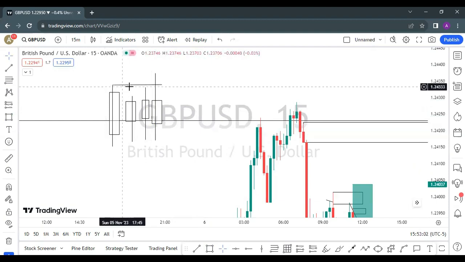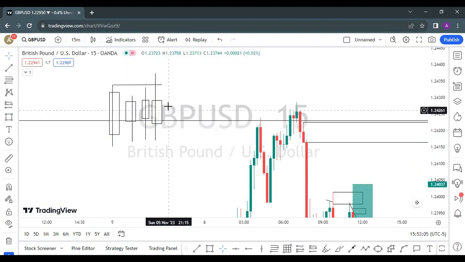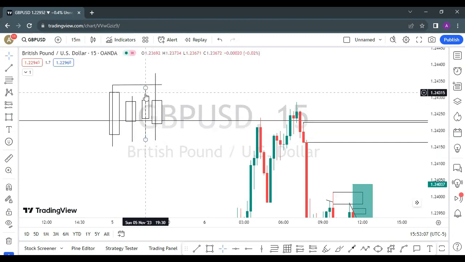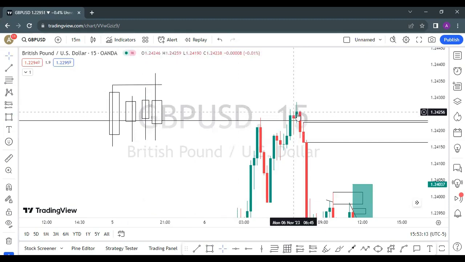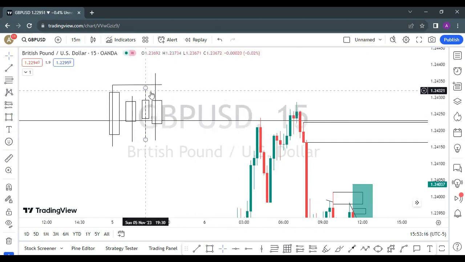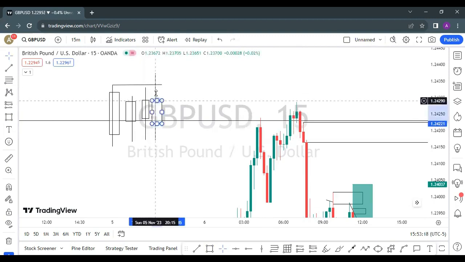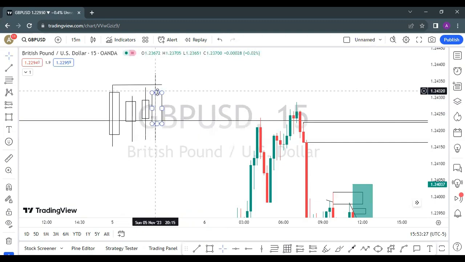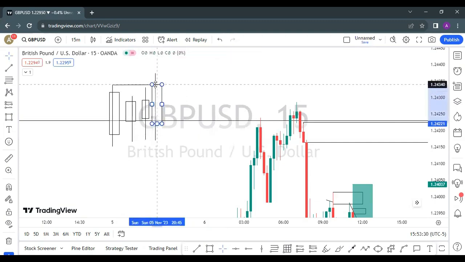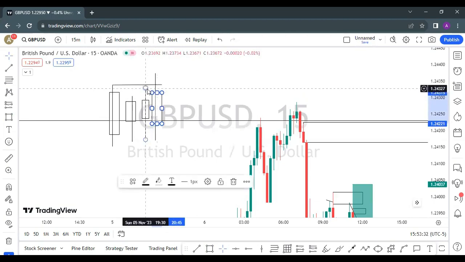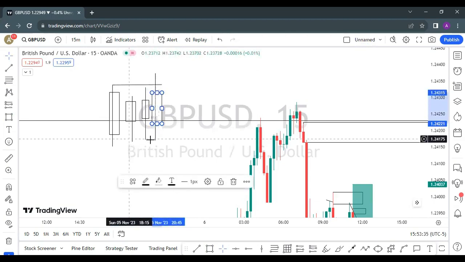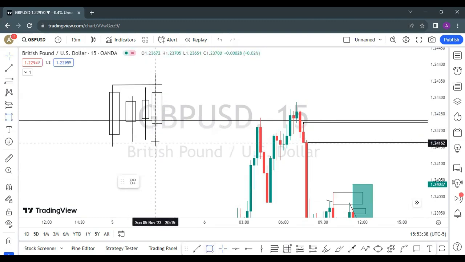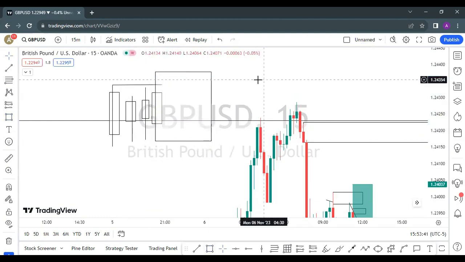The body of the one sweeping the entire range should be below the last internal candle's body. Sorry, I said body, I meant the high. The body should be below the high of the last internal candle, and not above it. When that happens, then we can qualify this entire candle as a single candle order block.